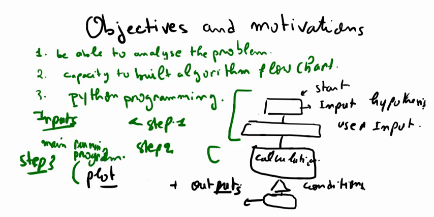We also call it the program core. And here step 3 is the output or results. So basically all programs that we see are composed of 3 main steps. Step 1, inputs and hypothesis. Step 2, the main running program, and step 3 is the results or outputs.